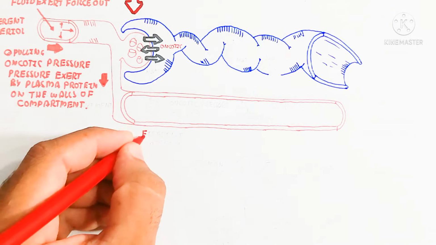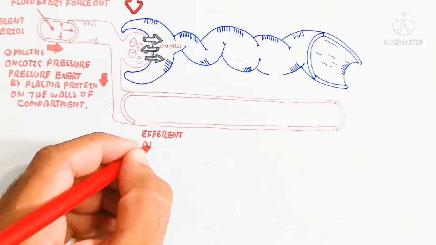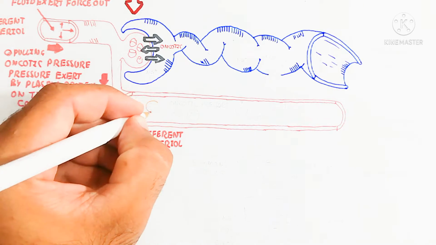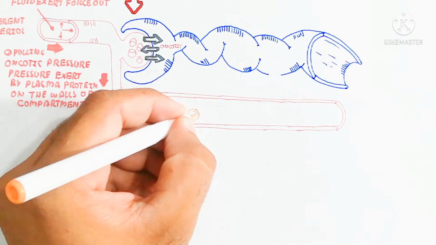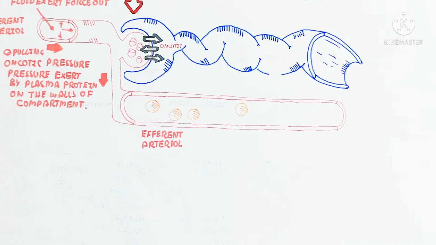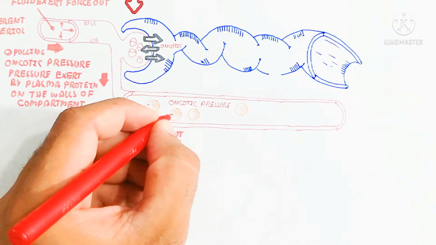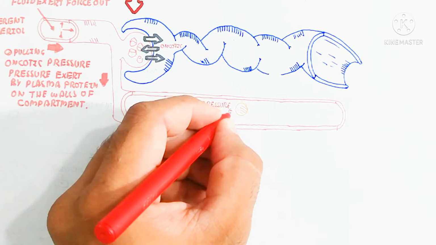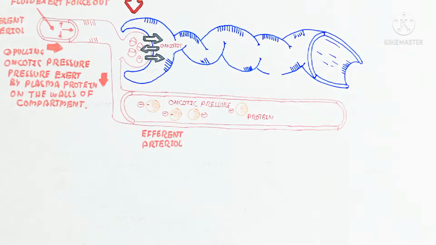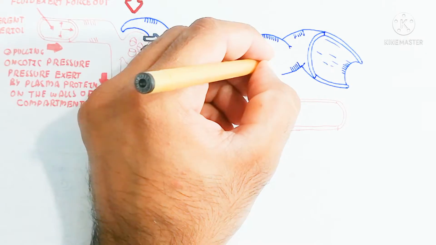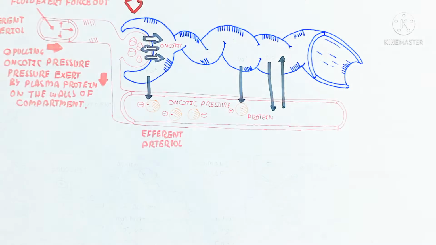After the filtrate occurs into the nephron tubule, it first goes into the proximal convoluted tubule, so the reabsorption can occur. Why will reabsorption occur? Because the efferent arteriole contains less water content as compared to the water content inside the nephron.